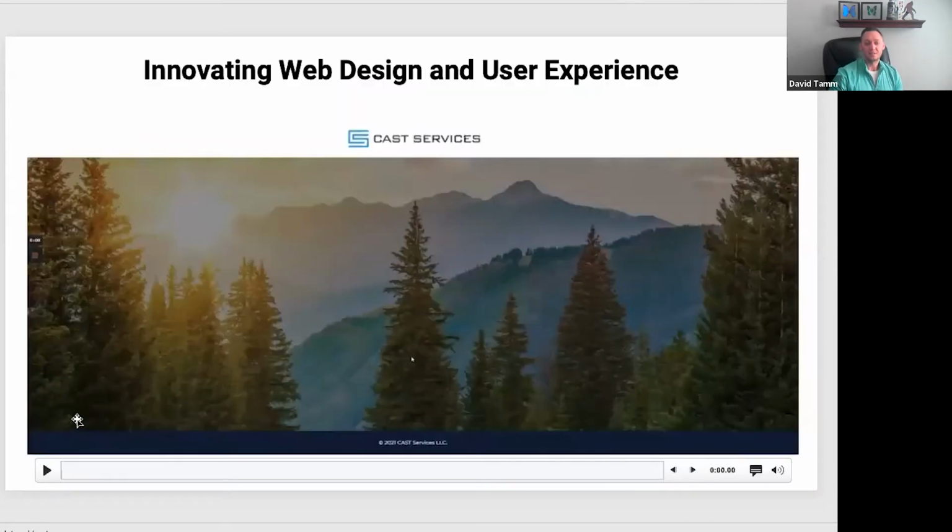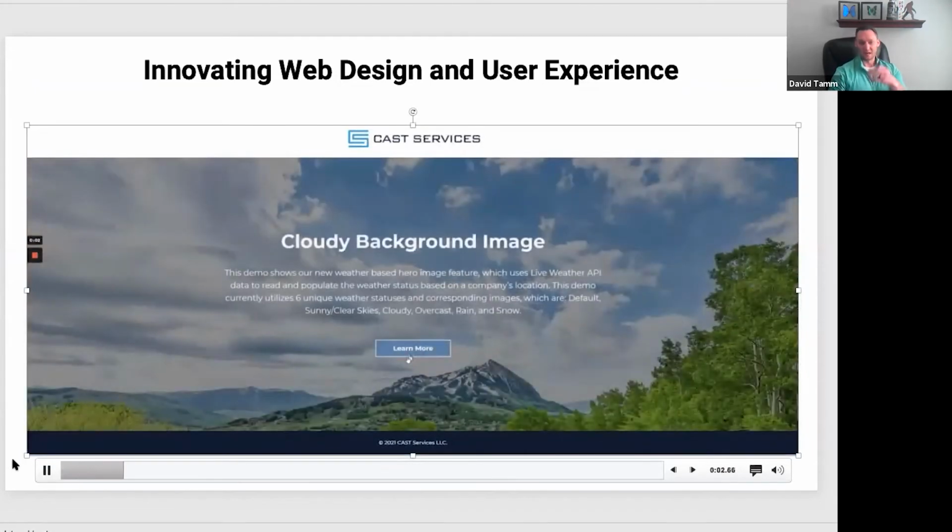So this is a little thing that we created. Essentially, we're piping in IP address based weather data from one of the largest data aggregators on the planet. And then we are changing the hero image based off of what the weather is at the location of the website's office. If it is raining outside, it is raining on your website.